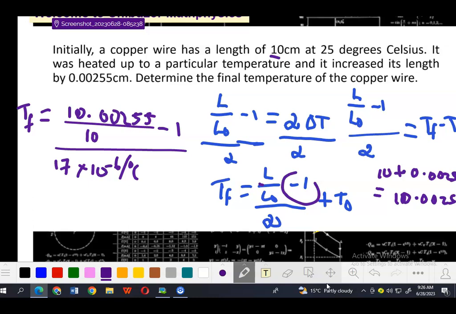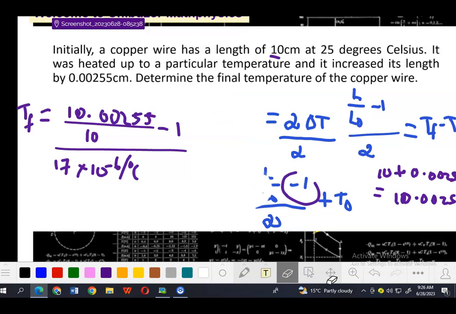Now we can get some space here. So this is plus what you have here, which is T naught, and we know our T naught is the initial temperature as it is given. It is 25 degrees Celsius. So what will be the final temperature when you put the whole of this in your calculator?